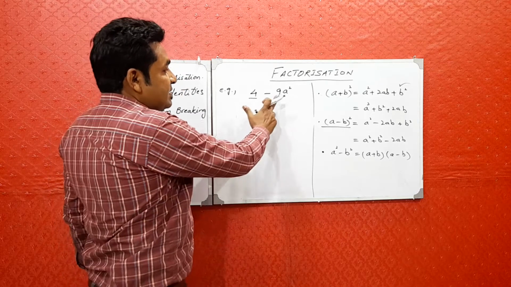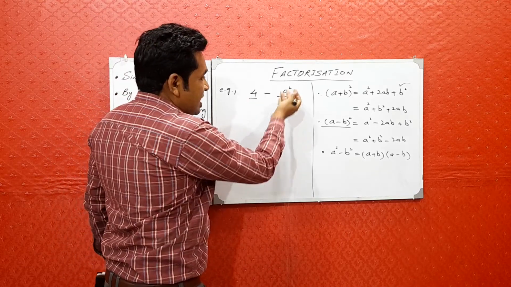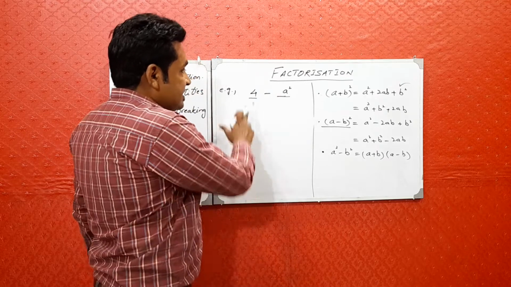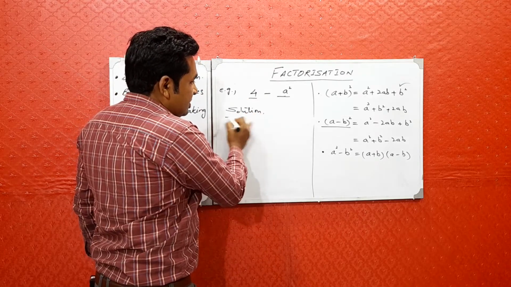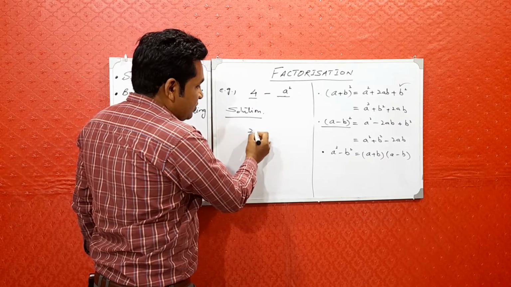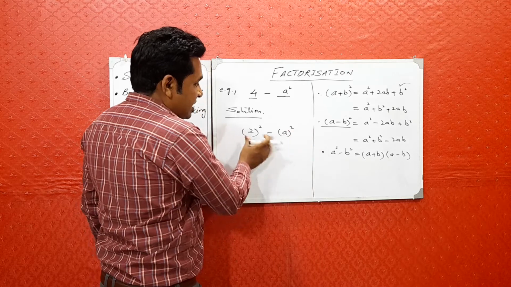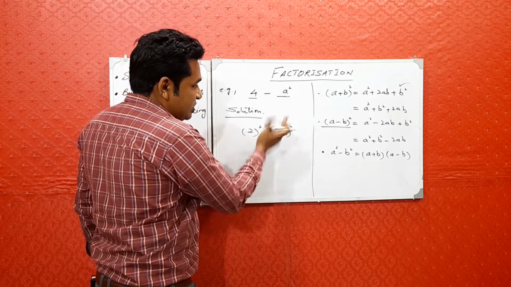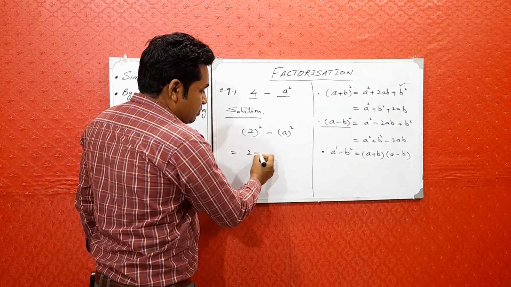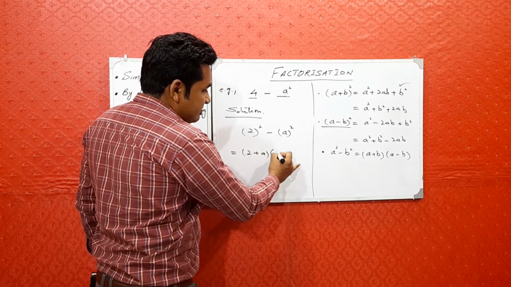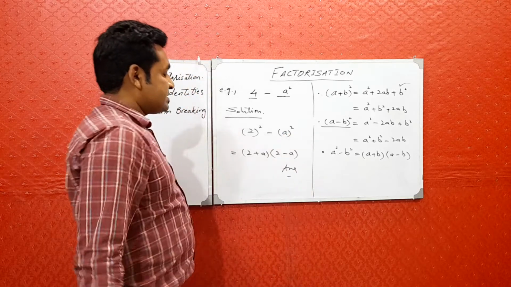Like for example, in the beginning I just erased 9 and we use a squared. You can see that 4 is a perfect square. If we start the solution, 4 is a perfect square of 2 and a squared is a perfect square of a. So now it is a squared minus b squared, which is equal to a plus b, 2 plus a, and a minus b, 2 minus a. This is the factorization of this question.